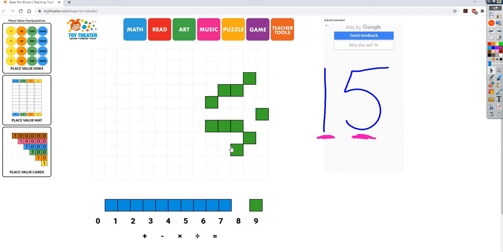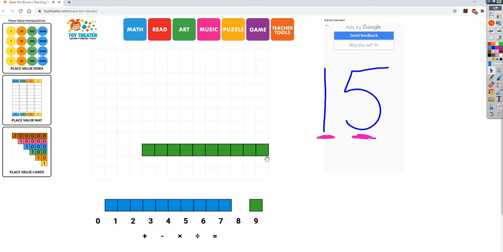I can do something really cool when I have 10. If I put all 10 of these together and stick them together, just like this, it makes something called a 10. I'm going to stick them all together to make a 10, which is what I just did. All of those got stuck together to make 10.